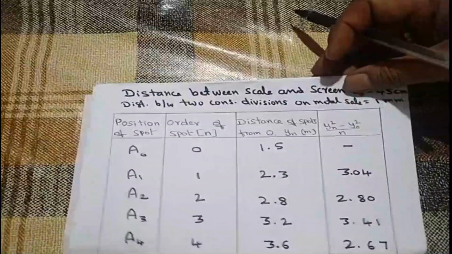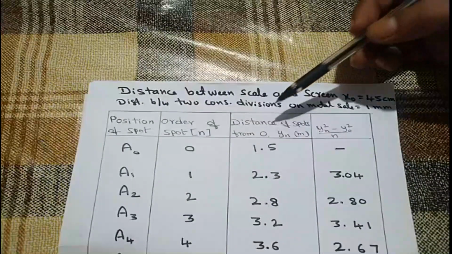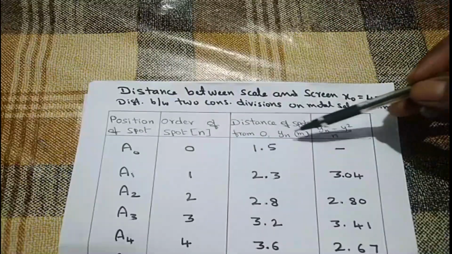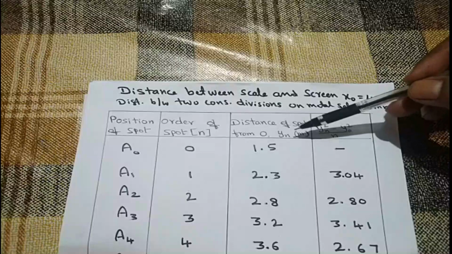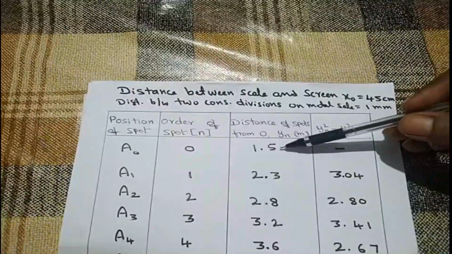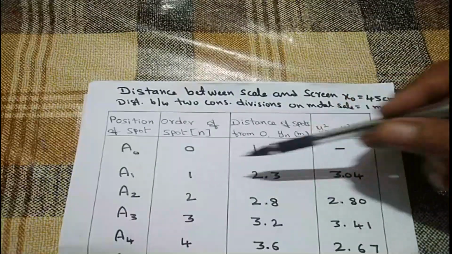These readings must be entered in the tabular column for calculation. Now look at the tabular column, in which we have entered the distance of the spots from O as yn, where n indicates the order of the spot. y0 value is 1.5. y1 is 2.3, that is for first order.